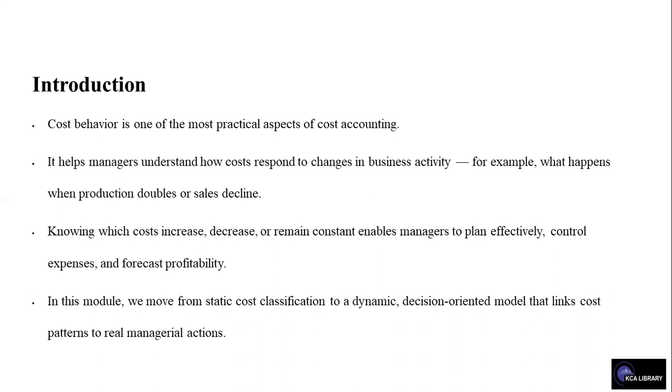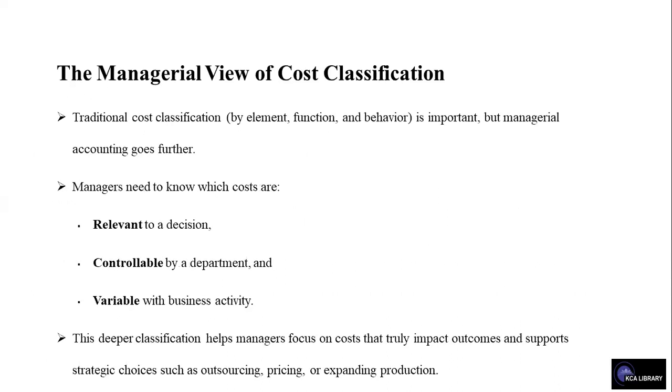Knowing which costs increase, decrease, or remain constant enables managers to plan effectively, control expenses, and also forecast profitability. So in this module, we will move from the static cost classification into the very dynamic decision-oriented model that links cost pattern to real managerial actions.